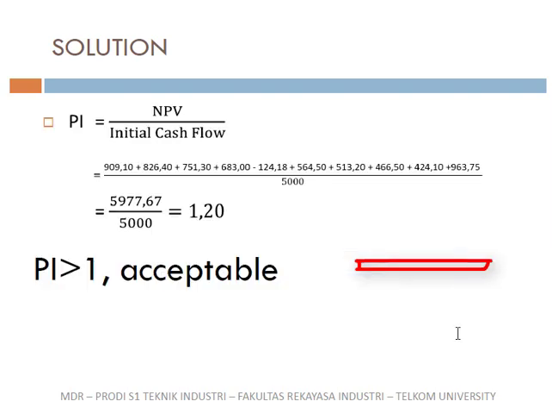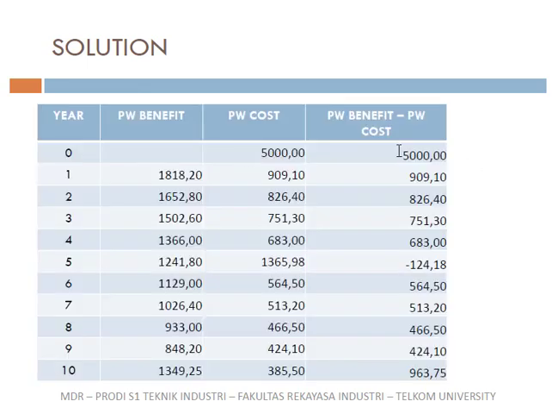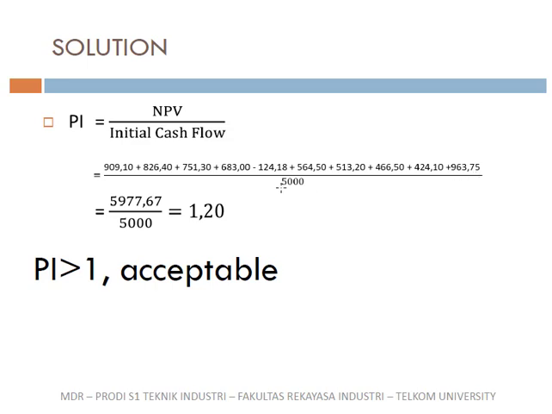Okay, so now we are going to make a ratio between the net present value and the initial cash flow. So you just add up all the information of NPV, which is located in this column, and it will be divided by the initial cash flow, which is 5,000.